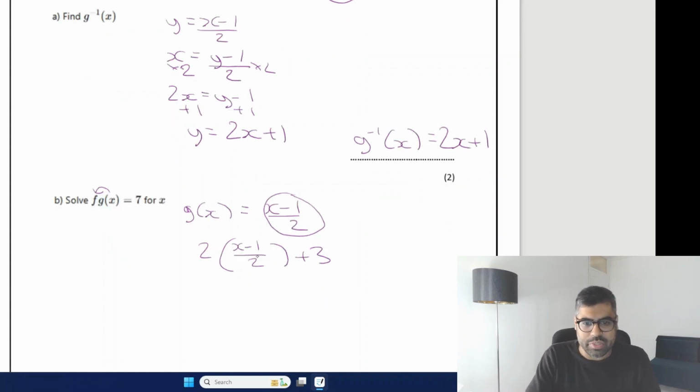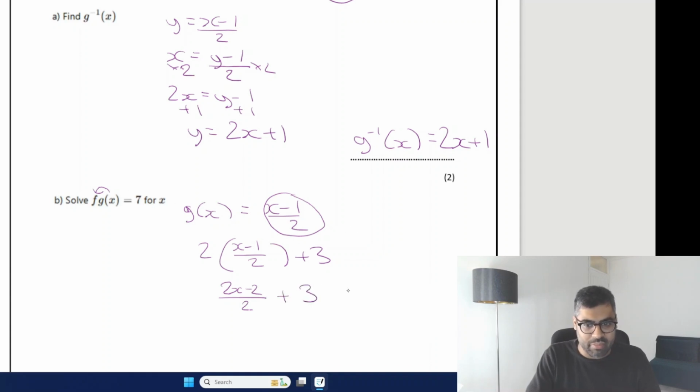Okay, so we just need to multiply this out. Remember, when you've got a fraction and you're multiplying it by a number, you're always multiplying the numerator. So you're going to do 2 times x minus 1. Let's just expand it out in our head. 2 times x is 2x. 2 times minus 1 is minus 2. So you can have 2x minus 2 over 2 plus 3.